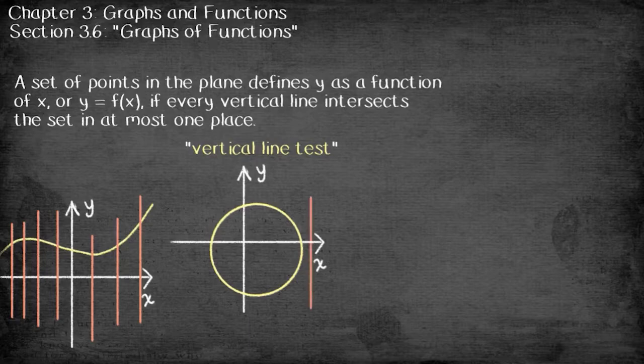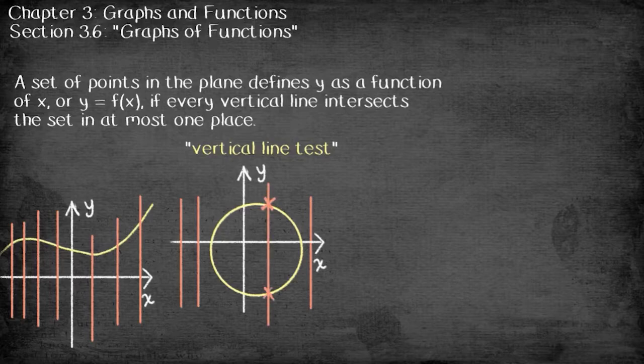Well, it's possible that you have vertical lines that don't even pass through your graphed relation, but to be a function is somewhat strict because it's saying that every single vertical line that I draw intersects the set in at most one place, which means if I can find one vertical line that intersects the graph more than once, then the graph is not a function.